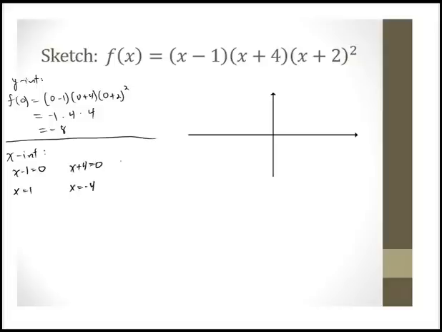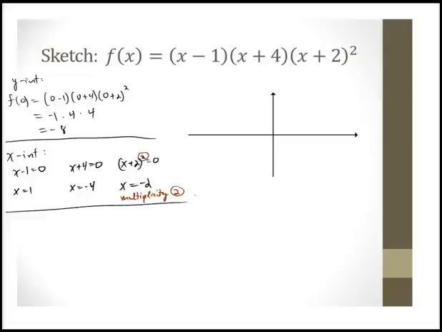X plus 2 squared equals 0, x equals -2, but I have to be careful with this one since it was an x plus 2 squared. This has multiplicity 2. I have to be careful on that one.